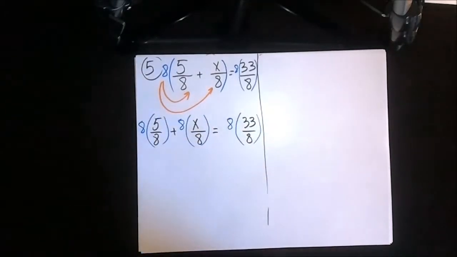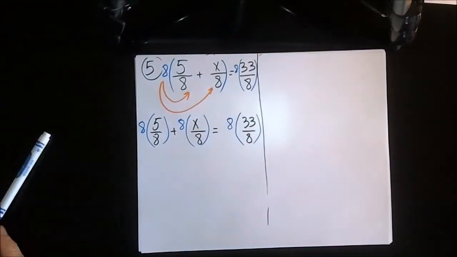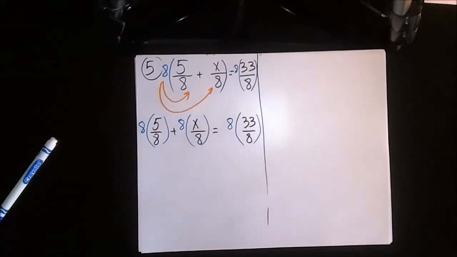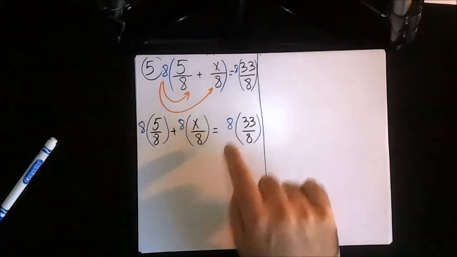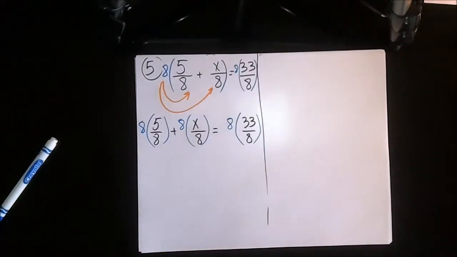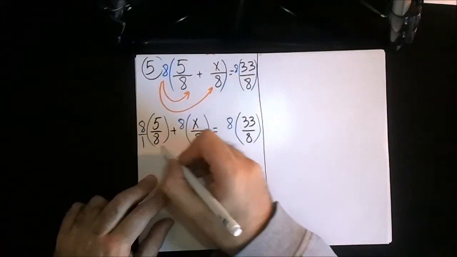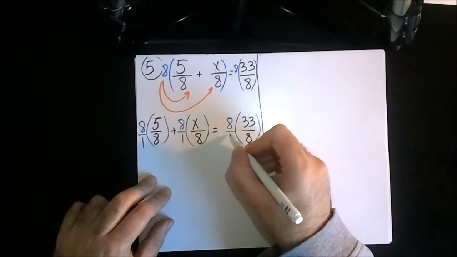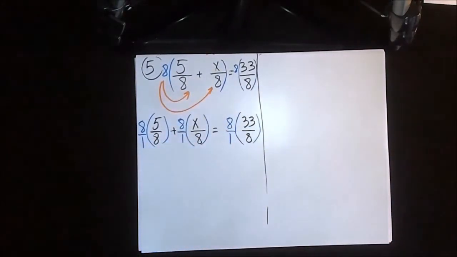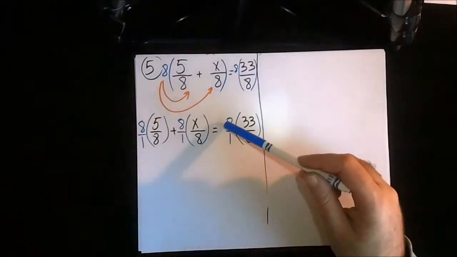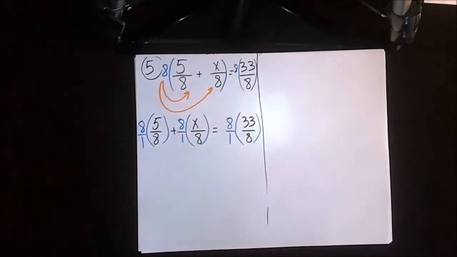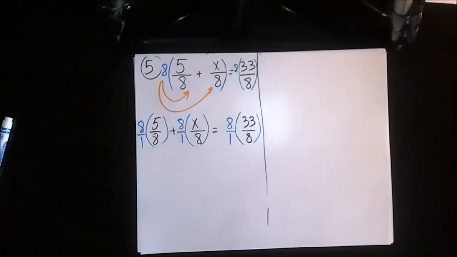That times 8. And whenever you multiply a number by a fraction, you're assuming that whatever you're multiplying by goes into the numerator. If you need some visual help, you can always just put that 8 over 1. It's the same thing. 8 over 1 is 8. But that just shows you that this 8 is on the top and not in the middle or on the bottom. Alright, then I can cancel things out.